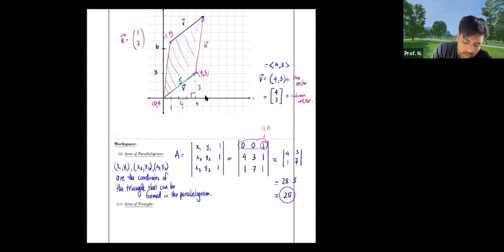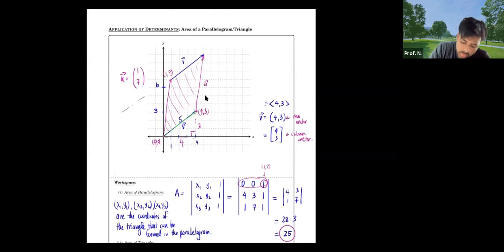And if you were to extend this a bit more and then draw a line here, you would also find out that the height here would be 5. That's something that you can try on your own. And the area would be 5 times 5, which is 25.